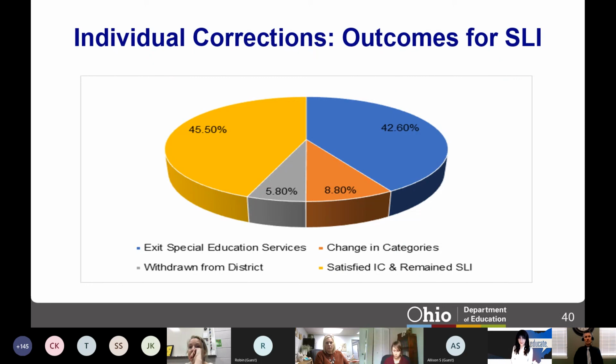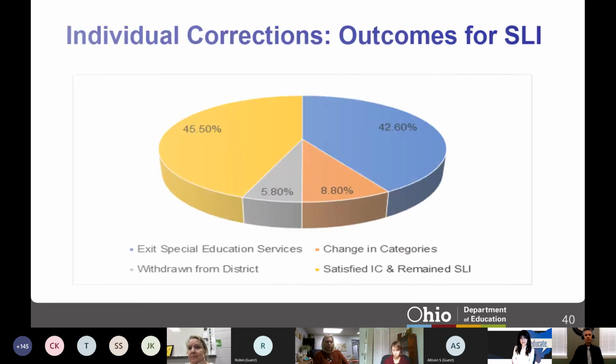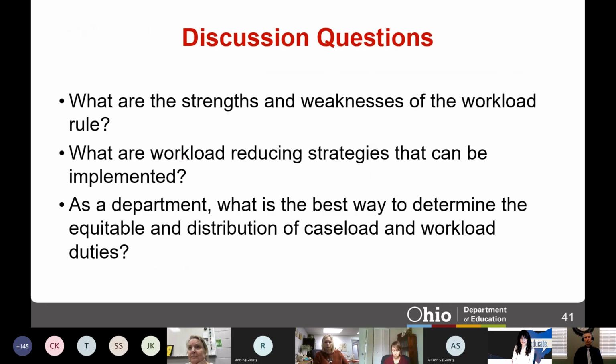However, 42.60% were exited from special education. They did not qualify at all, and over 8% qualified in a different category. So over half of them were determined not to be speech language impaired. Next slide. So that's the importance of the thorough evaluation.